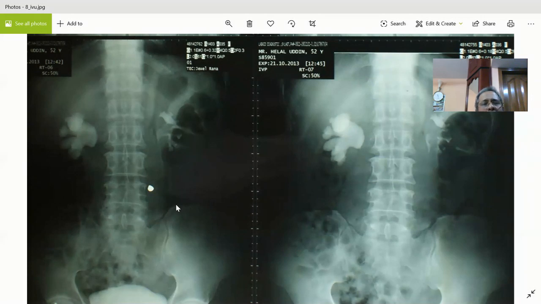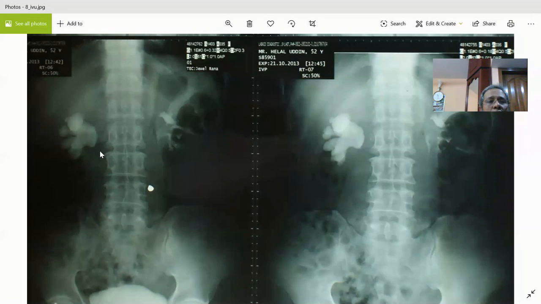So it remains inside there. For that reason, subsequently there is a gradual increase in size and dilatation of the pelvis, which is called hydronephrosis. In the previous books, the definition is written like that. But in the new books, the definition is not the correct one. This is my opinion.